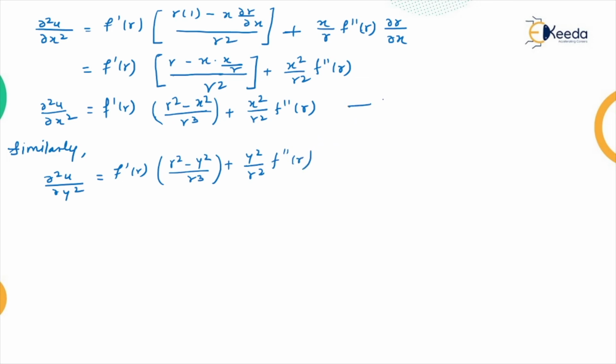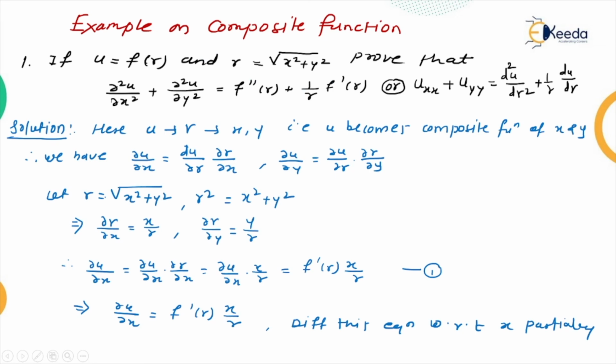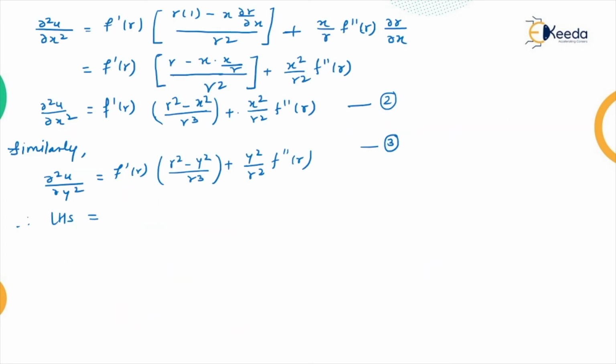So this is equation number 2 and this is equation number 3 for consideration, and therefore LHS. LHS means in your given equation, ∂²u/∂x² plus ∂²u/∂y². So let's see.